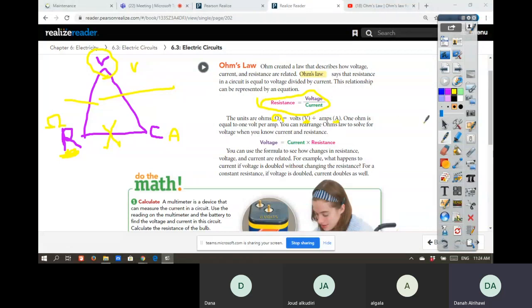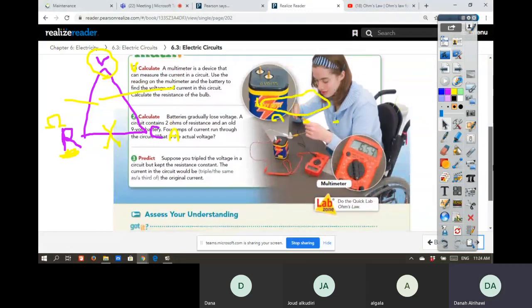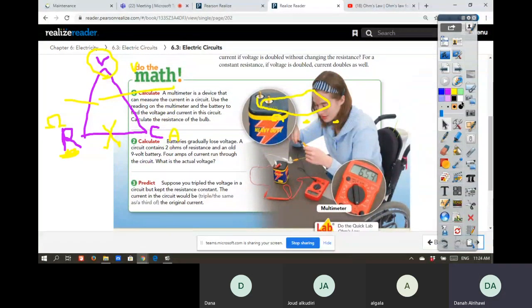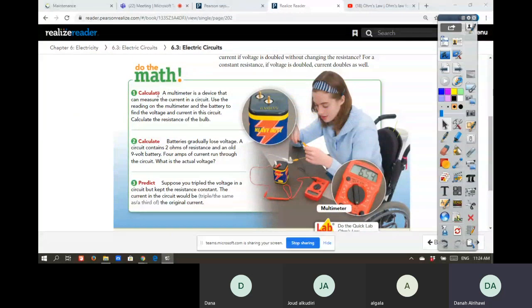Let's apply math, and it will help us. Now, a multimeter is a device that can measure the current in the circuit. So it measures the current, and the current is in ampere.